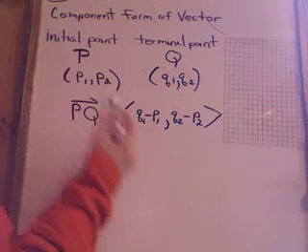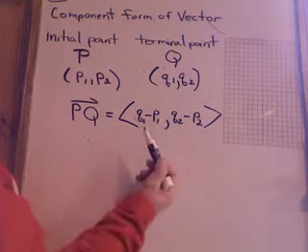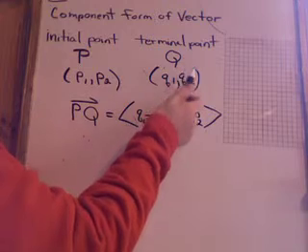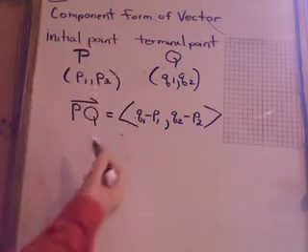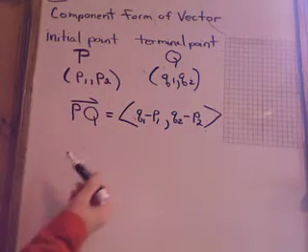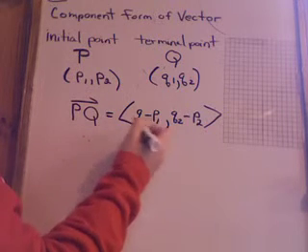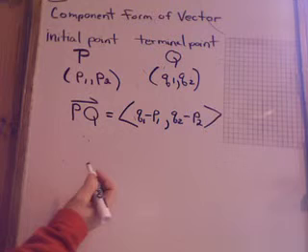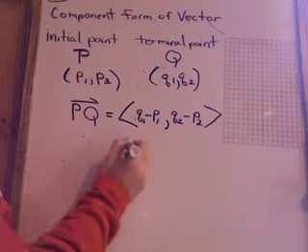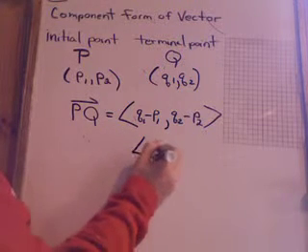Basically, when you're writing it in vector component form, you always start with the terminal point minus the initial point. So that's why the direction is really important, because your numbers will be positive or negative depending on your direction.